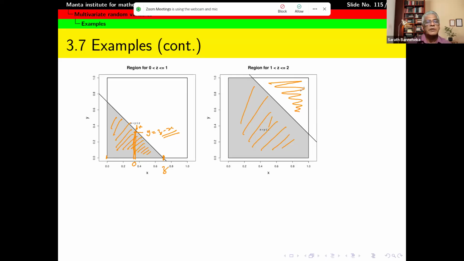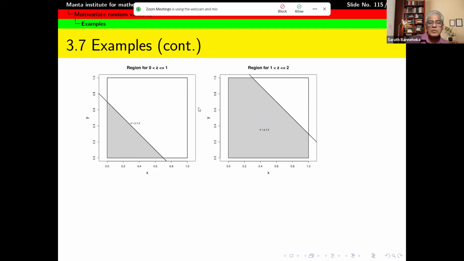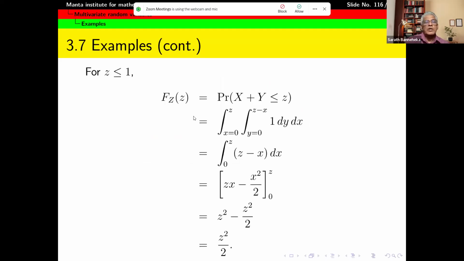Let me first clean this. So I have done the integration as usual. F_Z(z) is equal to this thing. The joint density is equal to 1, and I'm integrating with respect to y from 0 to z minus x, and then with respect to x from 0 to z.